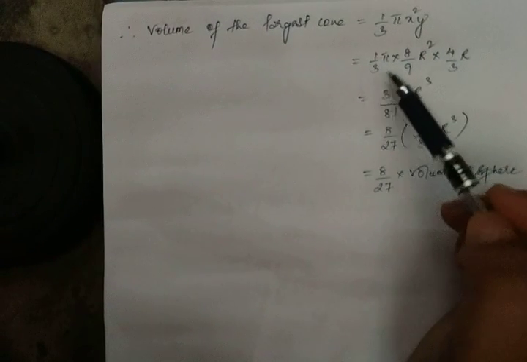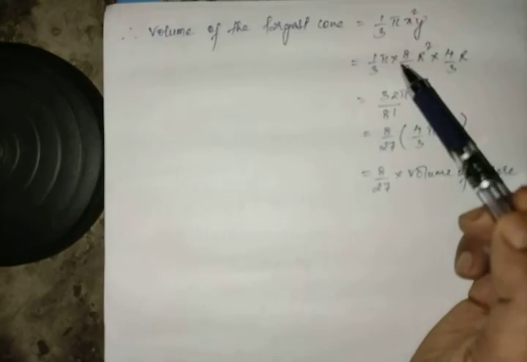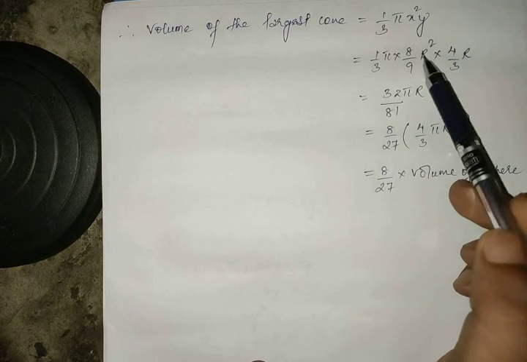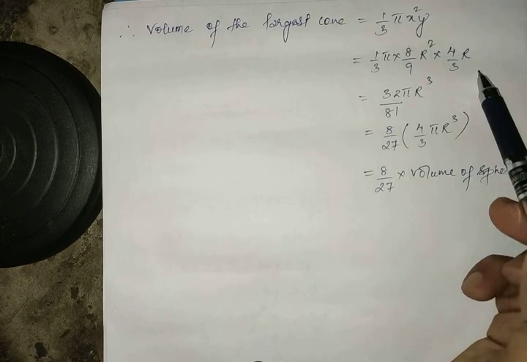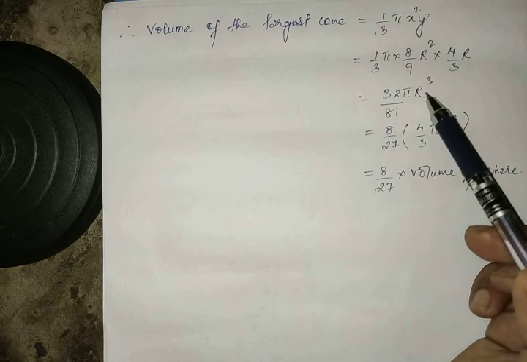It will be 1 by 3 pi into x square. So x square is how much? We already got this, 8 by 9 r square, right? Into y, which is 4 by 3r. So after solving we'll get 32 by 81 pi r cube.